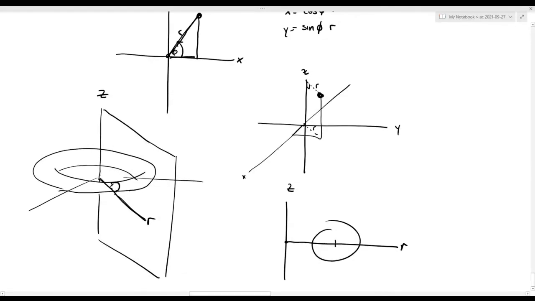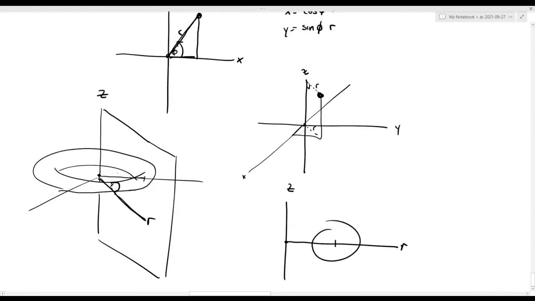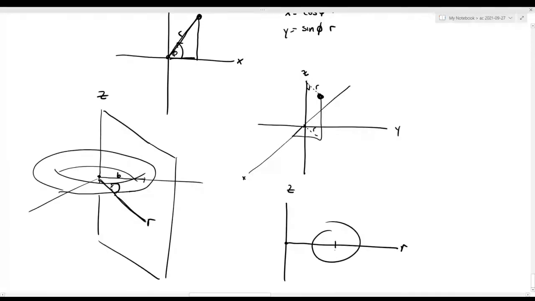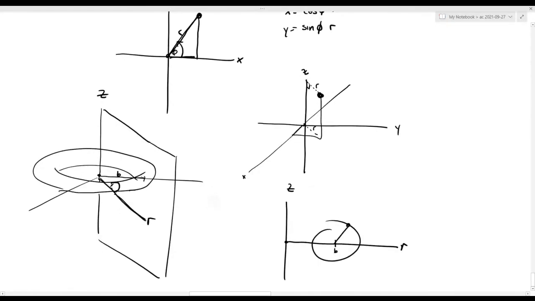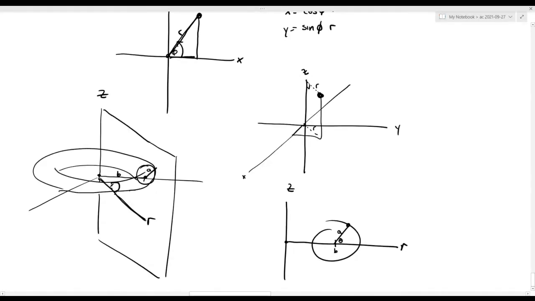And we assume that the big radius of the donut is b. Now the smaller radius of your donut is a. And this is what we're going to call theta.